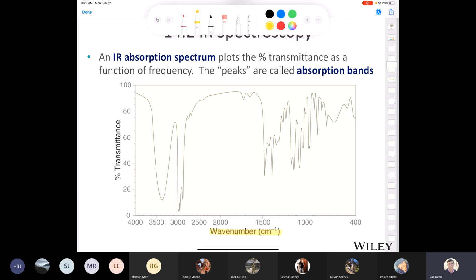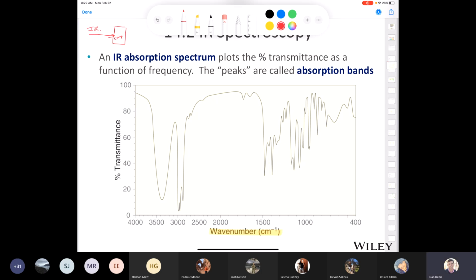So we have wave numbers and we have percent transmittance. Now, what's this percent transmittance? Let's just say you have your sample of your organic compound, and you're hitting it with infrared light.